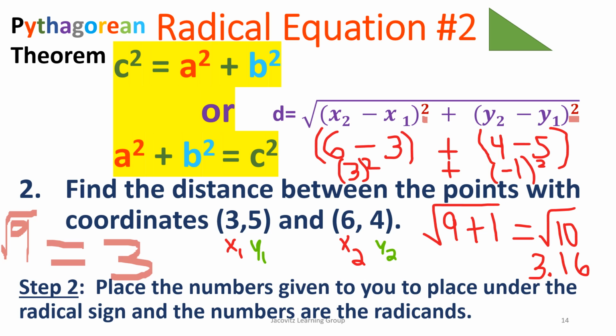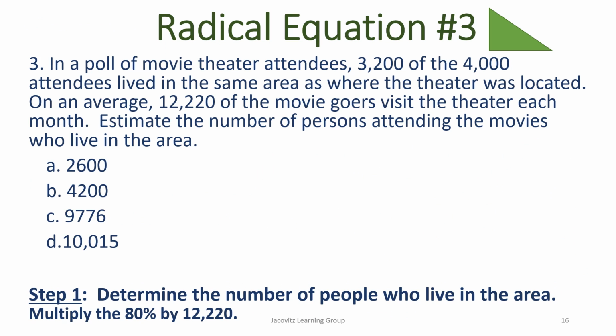Okay, and a lot of people are tempted to go 5 to the square root of 2. Don't do that. You're not ready for it, okay? 3.16 is the answer.